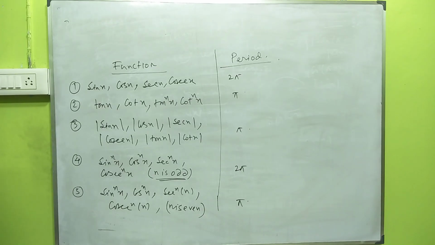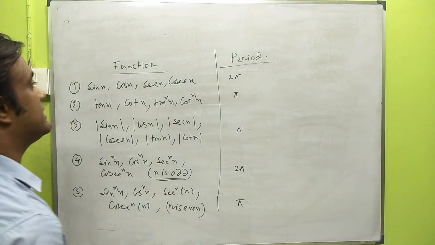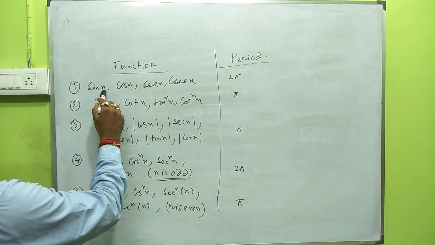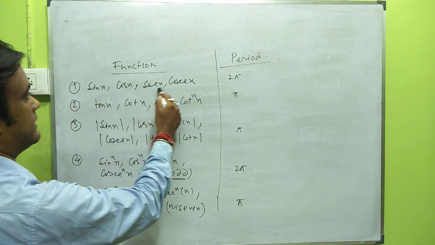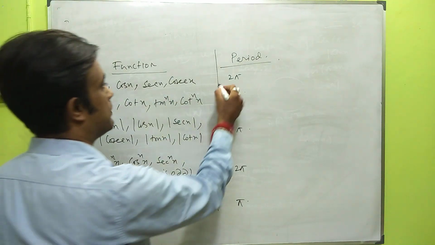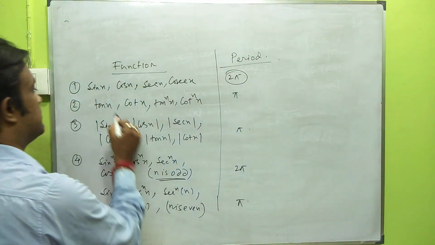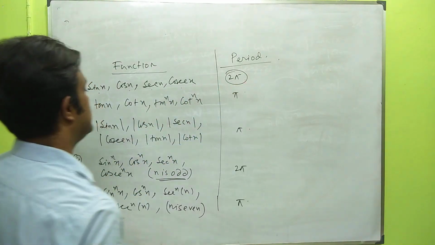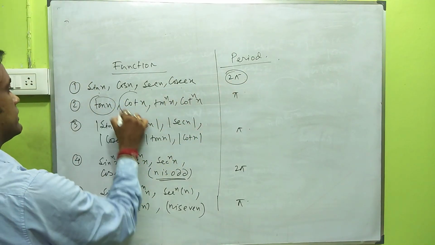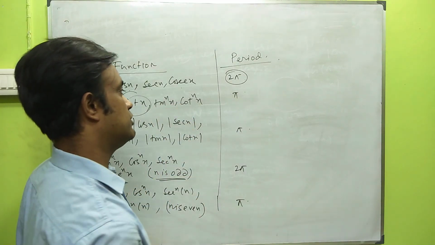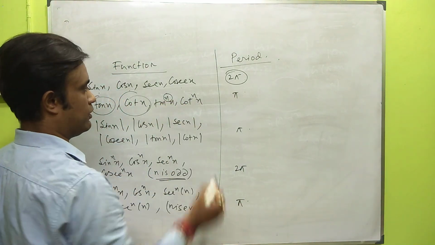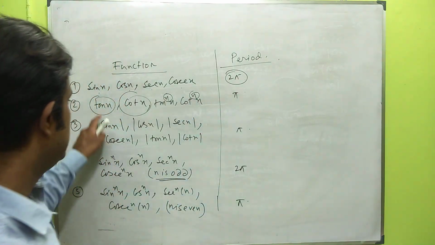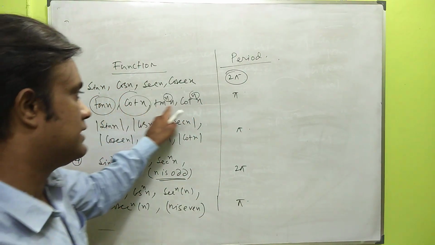Problem: we use some standard forms. The period of sin x, cos x, sec x and cosec x is equal to 2π. Tan x, cot x, tan^n x, cot^n x, where n may be odd or even, the period of these functions is π.